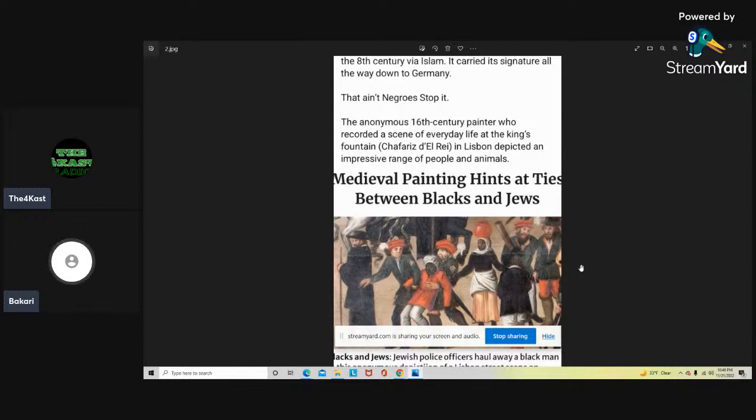So what they did was, you had a different religion. The Jewish religion, the Jews had to put a yellow patch on their clothes to show that they're part of the Jewish religion, right? Now, do you see who the Jewish police is arresting? And if you look around, you're not going to see one black person.